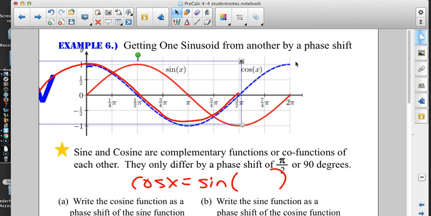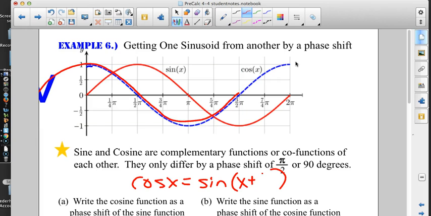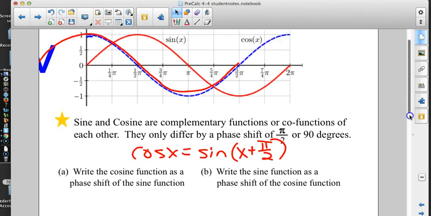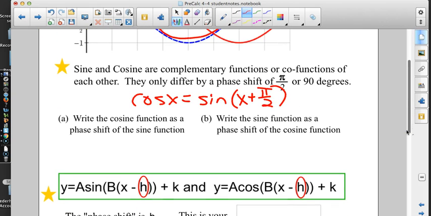How far has it moved? Pi over 2 again. And this time I had to move it to the left. Remember, they're always opposite. So it's going to be x plus pi over 2 for that phase shift. And I wanted you to be able to see that, so I know I wrote that in the wrong spot. I wanted a visual along with it.